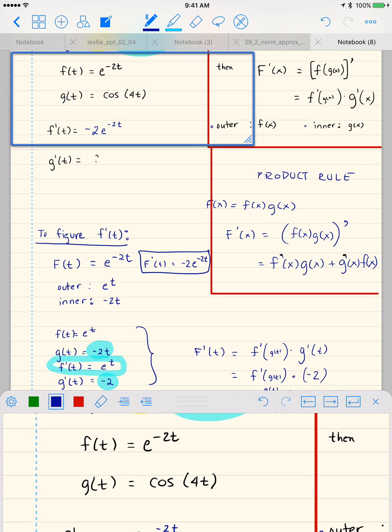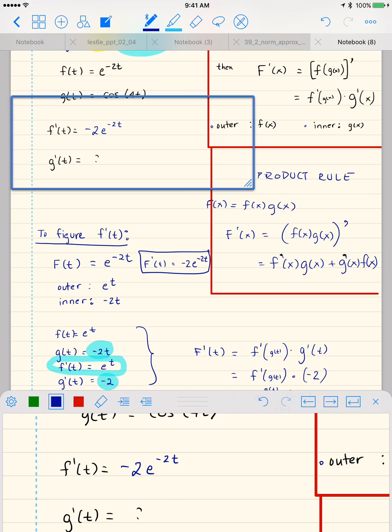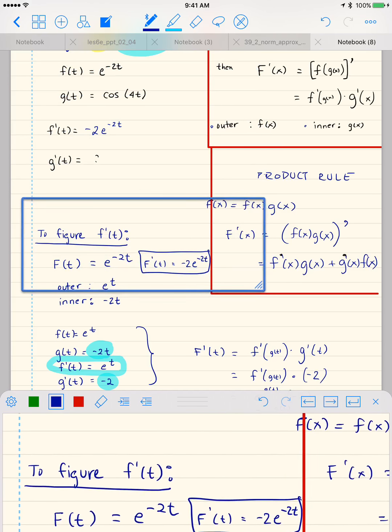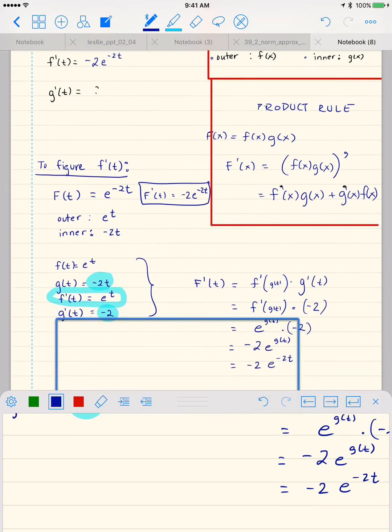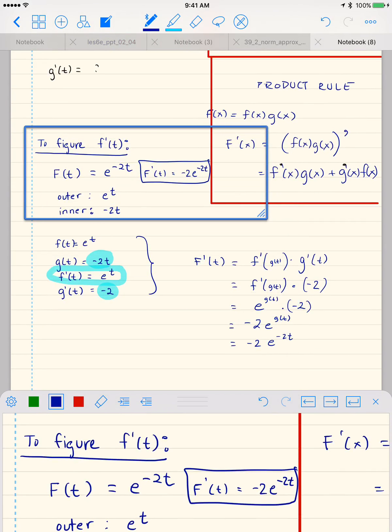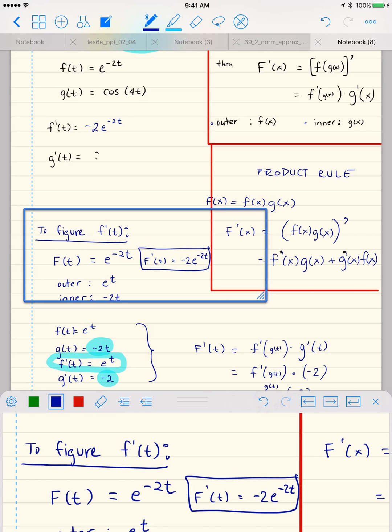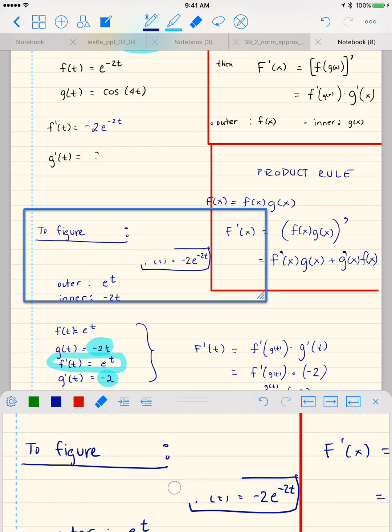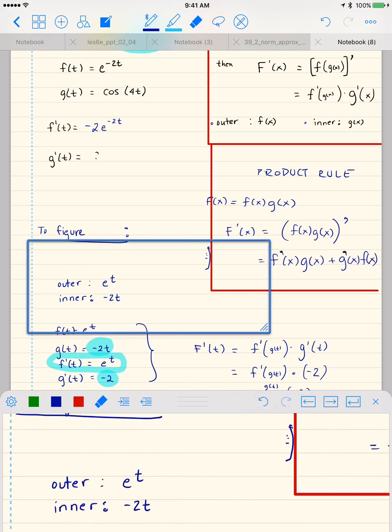We can erase this. Now we'll need to do essentially the same thing for our g, because we need to find the derivative of cosine of 4t. So just so I can keep this all on the same page, I'm going to erase this.